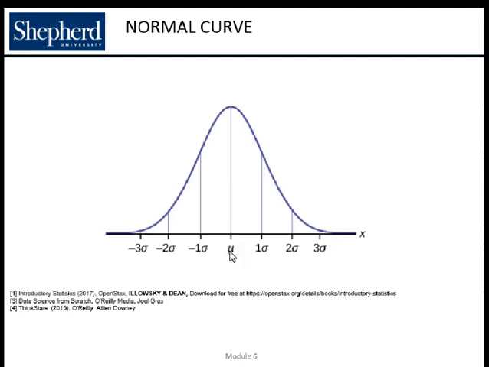You have an equal number of occurrences in your data set below the average and an equal number above. And then it also has the properties that when we go 1, 2, and 3 standard deviations below, or 1, 2, and 3 standard deviations above, we get a symmetrically increasing or symmetrically decreasing frequency count in our data set.